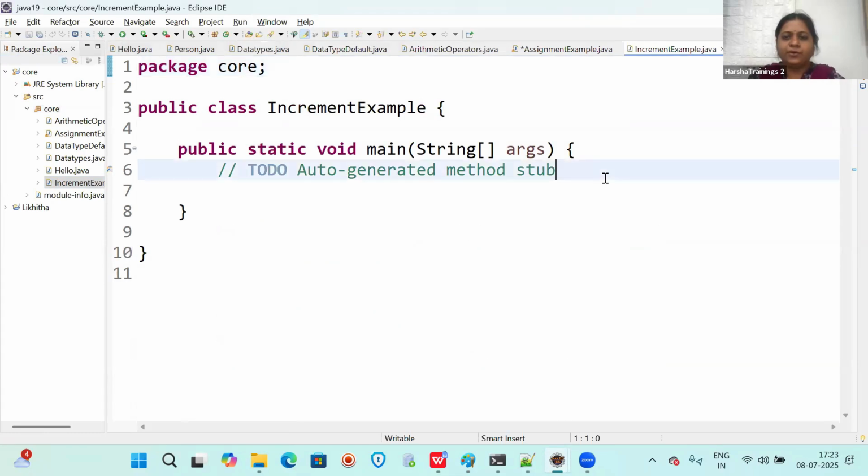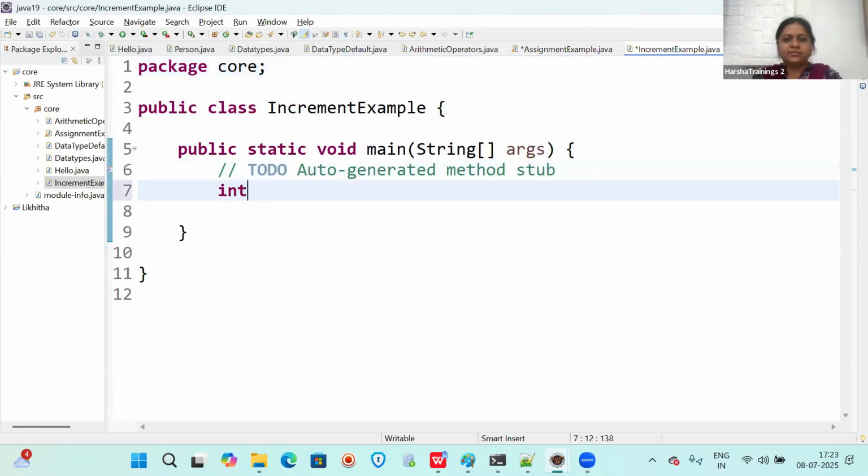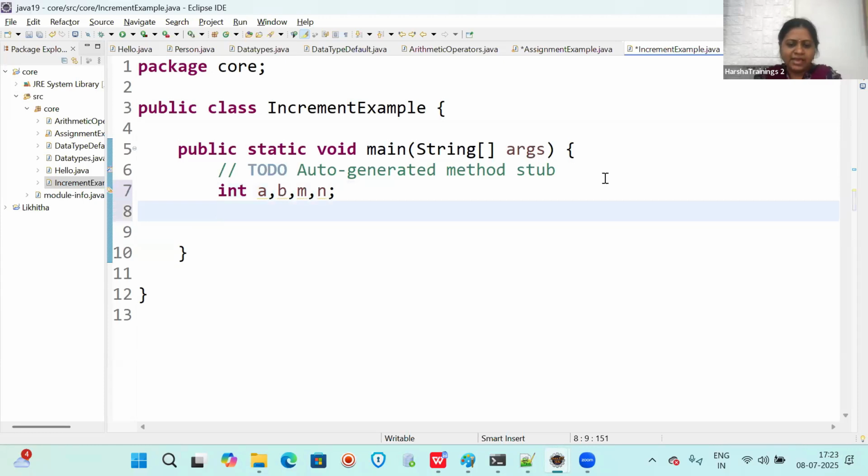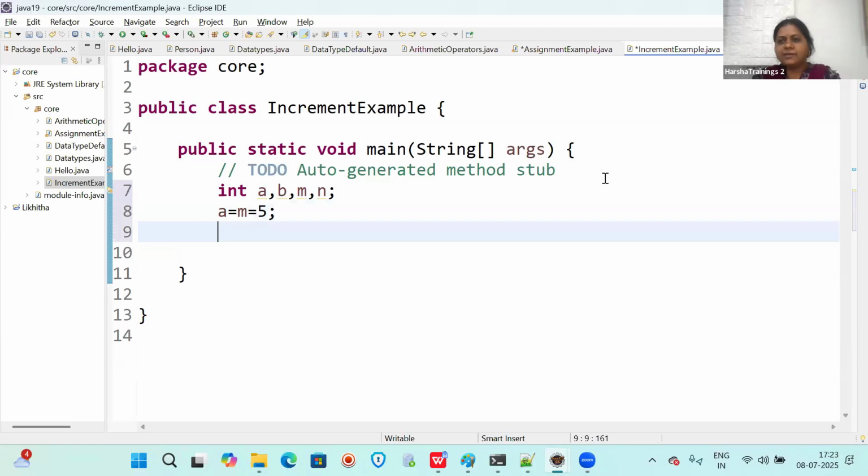Now here I'm going to declare the variables a comma b and m comma n. And I'm assigning a is equal to m is equal to 5. This is multiple assignment. Now both a and m values are 5 initially.